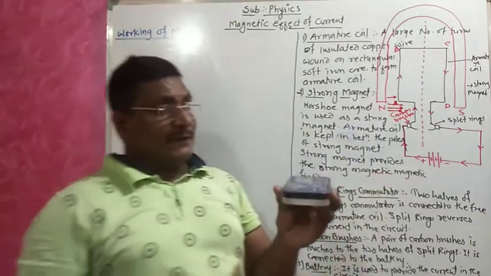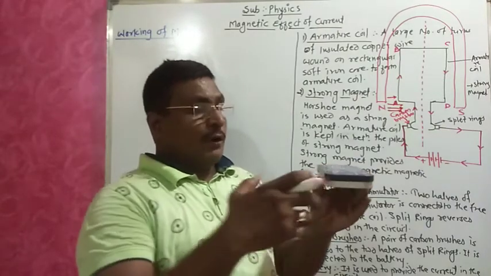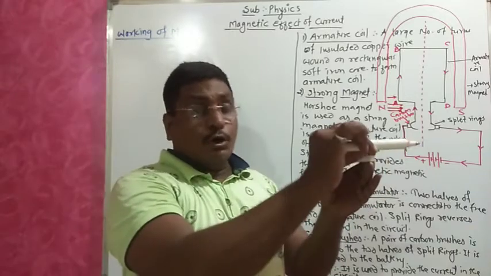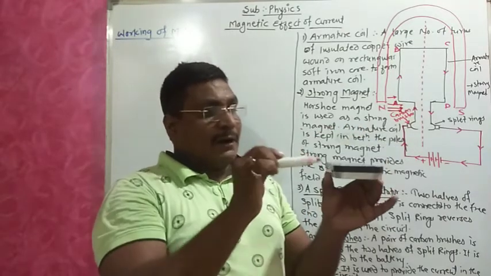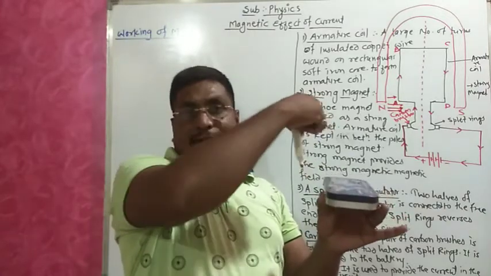So the magnetic field is moving in this direction, north to south, and current is flowing in this direction, upward direction.